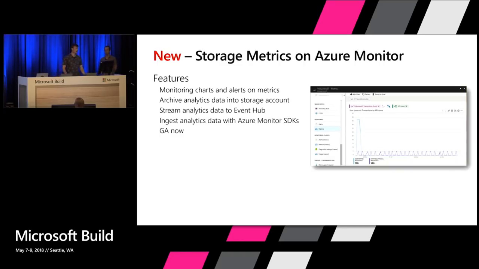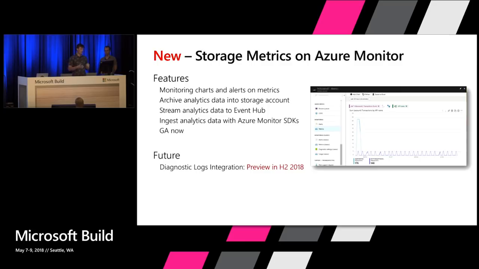It enables you to archive analytics data into a storage account or stream it into event hubs. And it's all with one integrated set of APIs. To monitor and get metrics on all your services, you can use the Azure Monitor SDKs instead of having disparate APIs for each of the different services. This is GA now, and we're going to take a look at the metrics in a second to evaluate how the blob performance is doing.